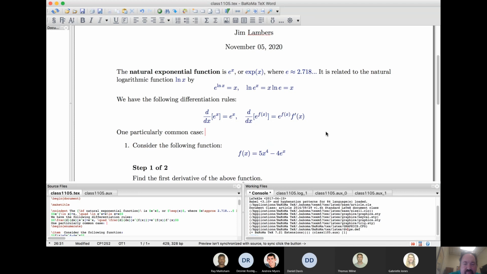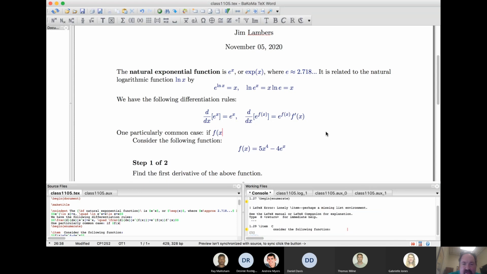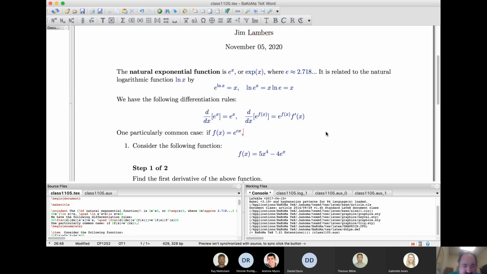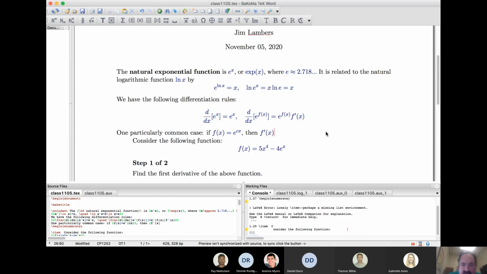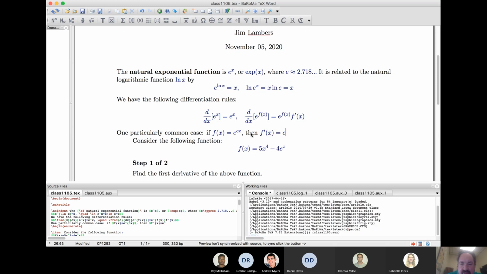But here's a kind of function that pops up all the time. If your function is e to a constant times x, we're going to see a lot of that. Then when you take a derivative, you'll have first itself, and then you take the derivative of the exponent.